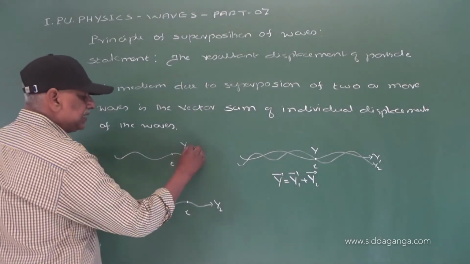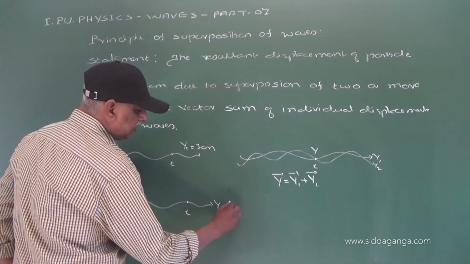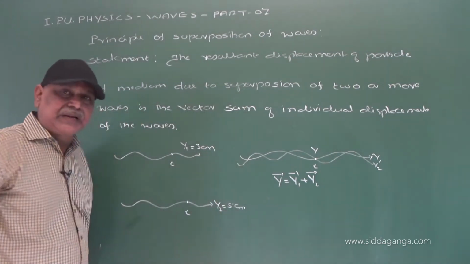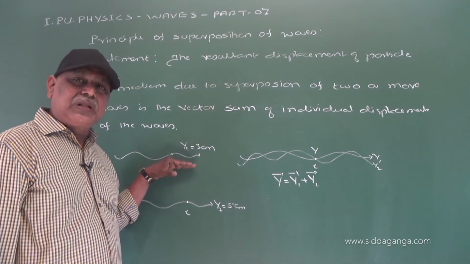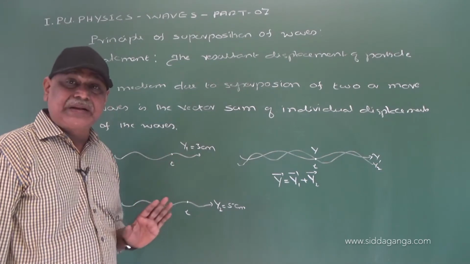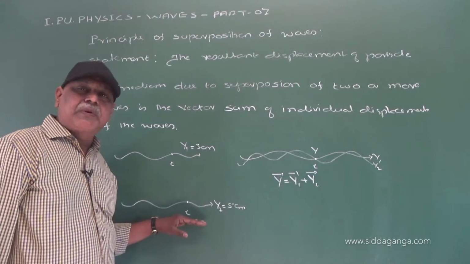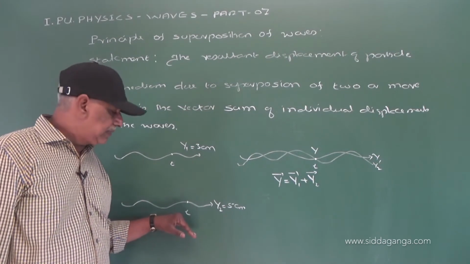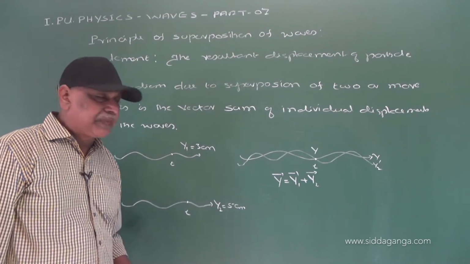Now suppose y1 is equal to 3 centimeter, y2 is equal to 5 centimeter. Then when y1 alone is propagating through the medium, the displacement at any instant of time is 3 centimeter for a given particle. When y2 alone is propagating through a medium, then the displacement of a particular particle is 5 centimeter.